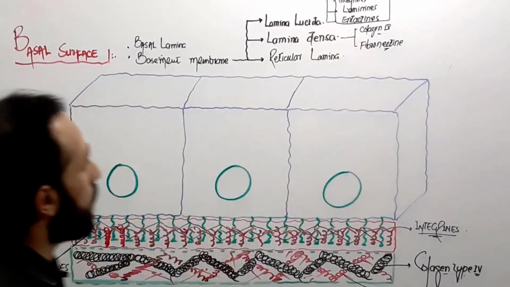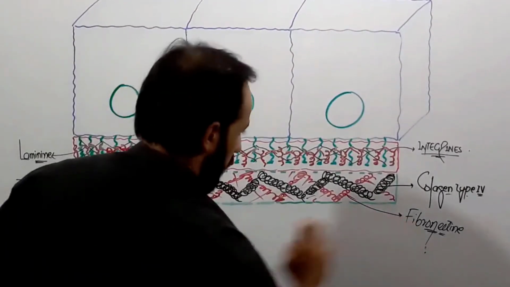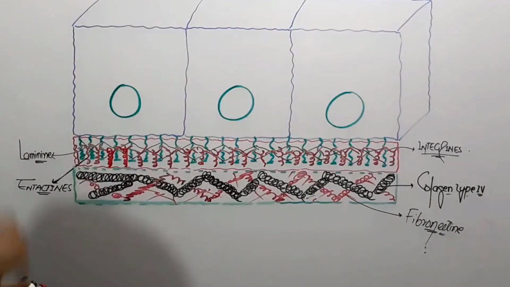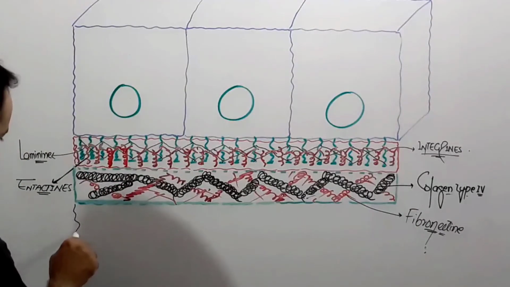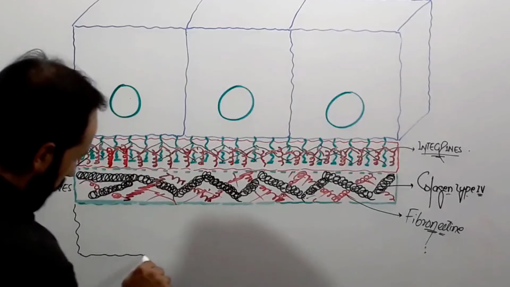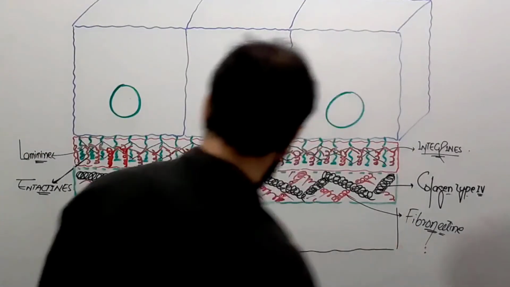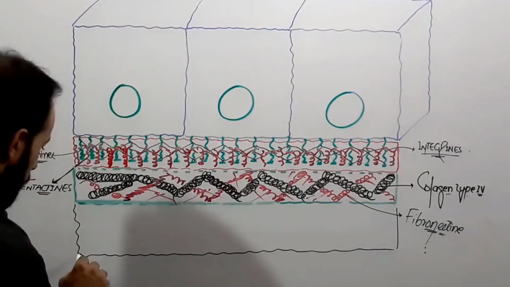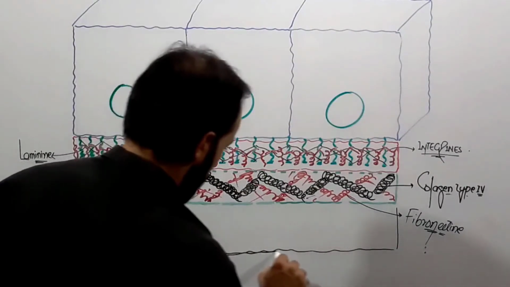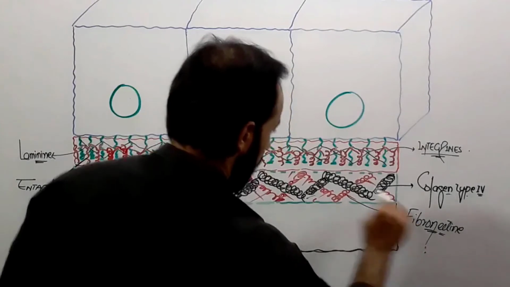Then there is the third layer which is present below the lamina densa. This is our third layer in the basal lamina or basement membrane.